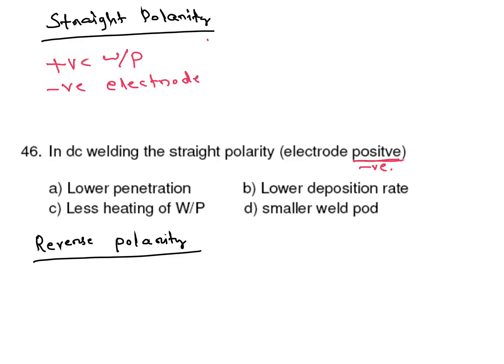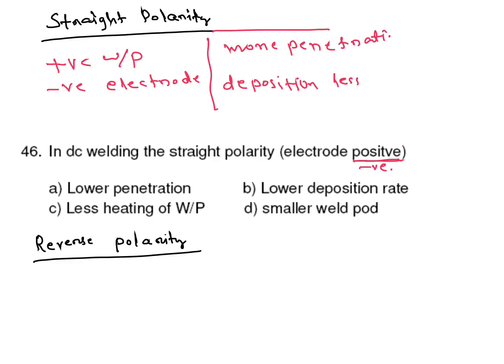This gives less deposition but more penetration, because maximum heat is at the positive terminal, the workpiece, so more penetration.